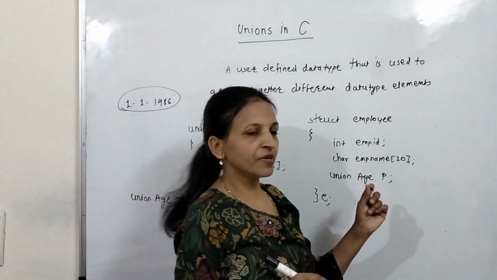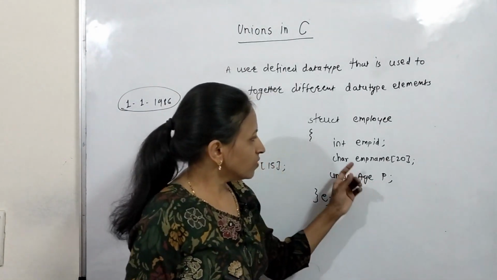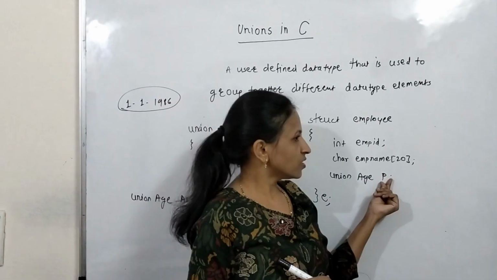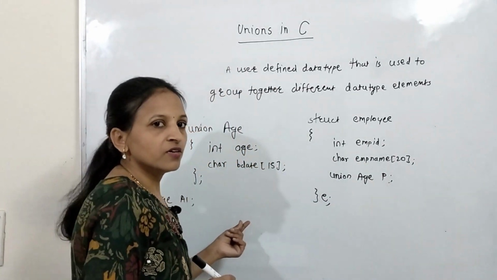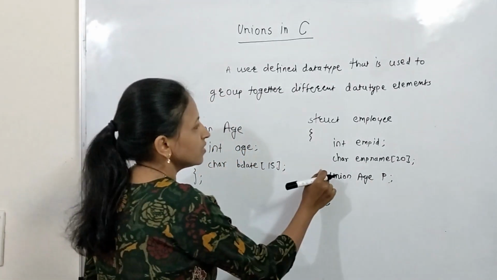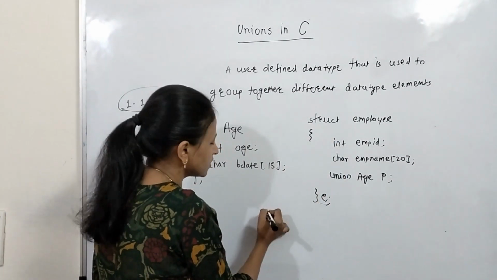That's why for P 15 bytes will get allocated. Now 2 plus 20 plus 15, 37 bytes will get allocated for one variable of this structure, that is E.